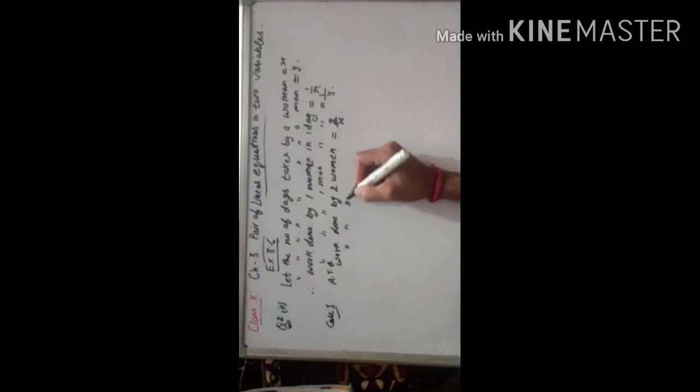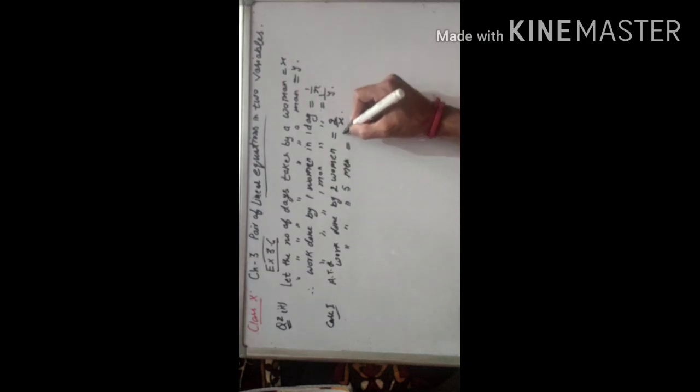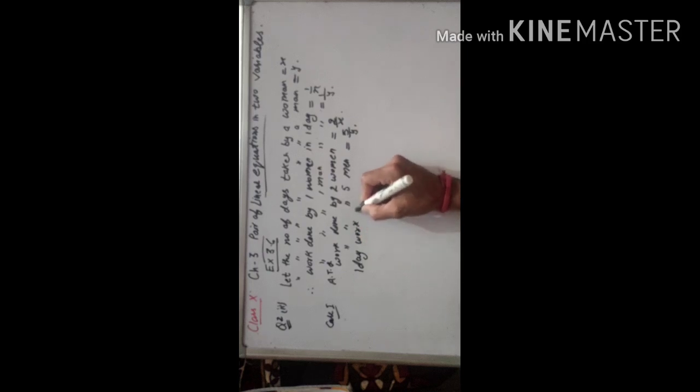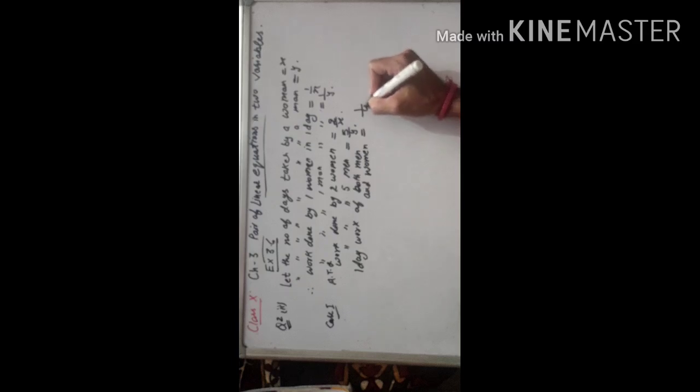Work done by 5 men is equal to 5 by y. Now 1 day work of both men and women, they complete the work in 4 days, so 1 by 4.